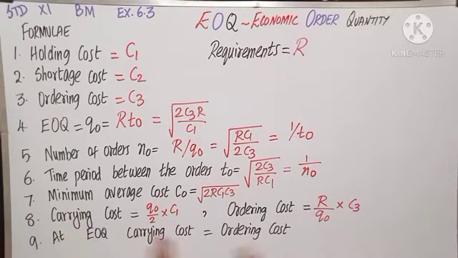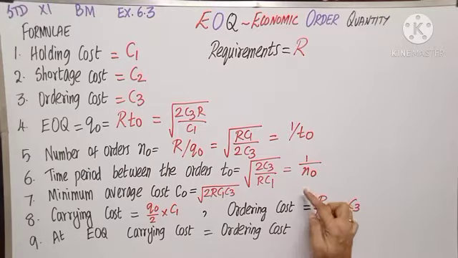In between, how many months? Jan to September, there are 9 months duration. Mostly we order every 6 months, every 3 months, like that. N0 tells me how many orders we make. So in a particular year, if I make 3 orders, then N0 is 3.